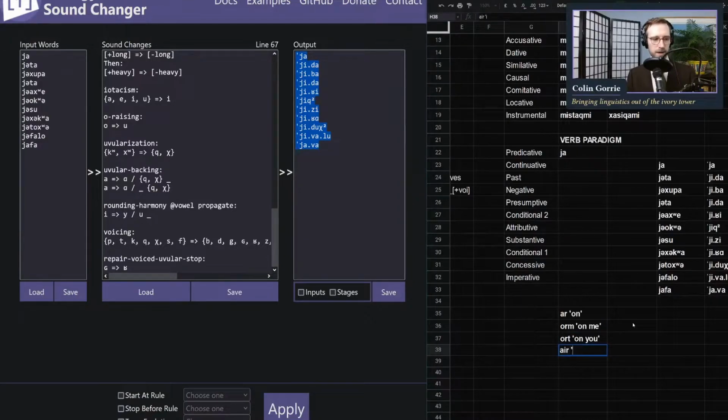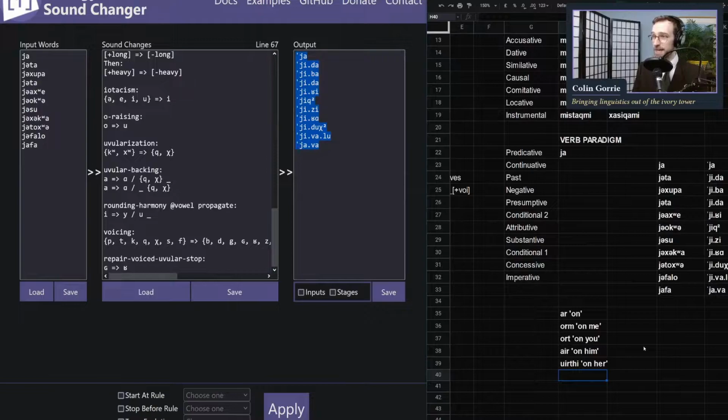Air, on him, uirthi, on her, etc. And this kind of messing about with expressing person, number, gender features on a preposition is not something that applies to all prepositions in Irish.